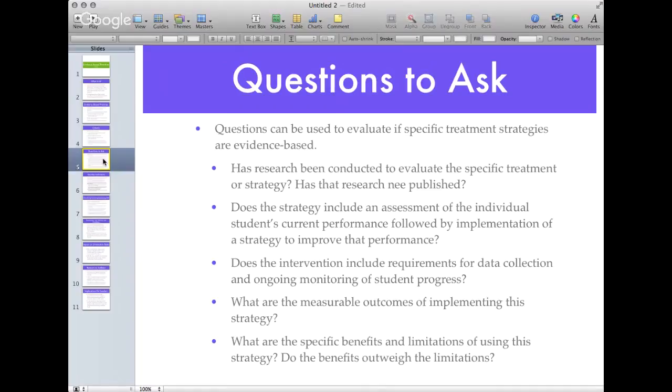Does the intervention include requirements for data collection and ongoing monitoring of student progress? What are the measurable outcomes of implementing this strategy? What are the specific benefits and limitations of using this strategy? Do the benefits outweigh the limitations? So these are all things that you can consider when looking at something that is claimed to be an evidence-based strategy.